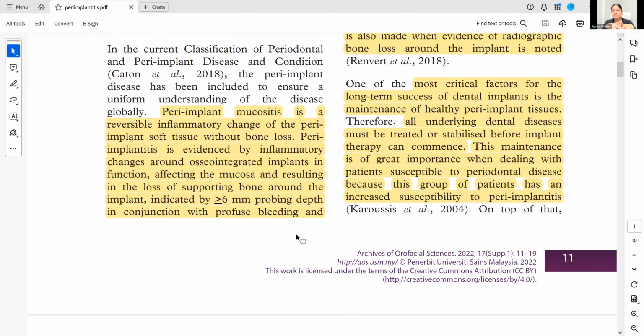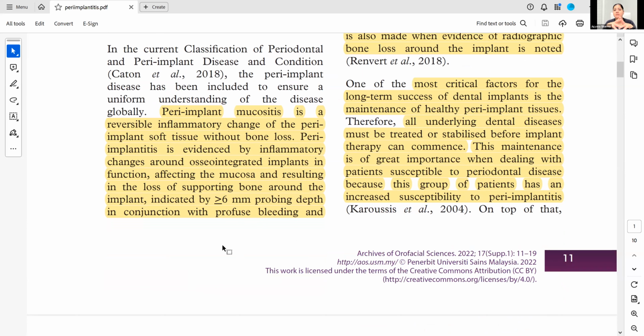As we know, the new periodontitis classification has been given, with the staging and the grading.